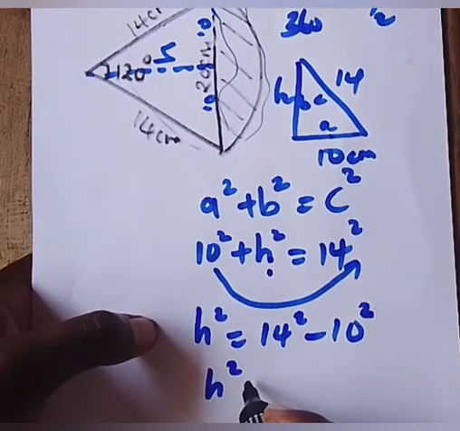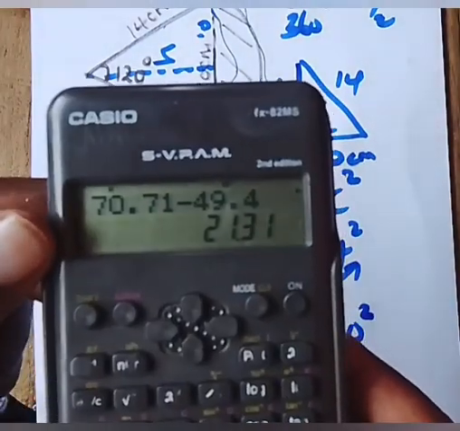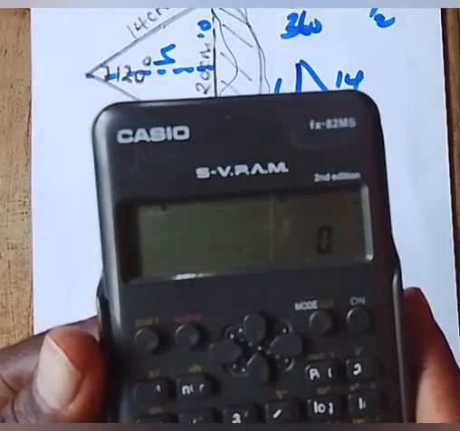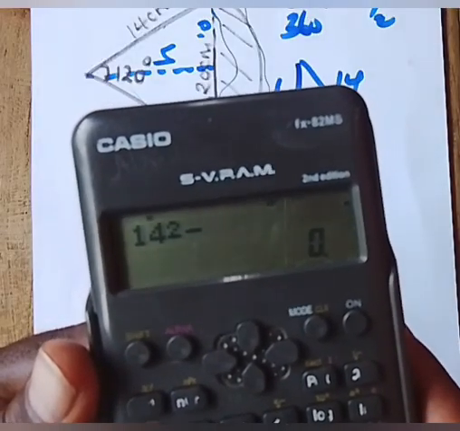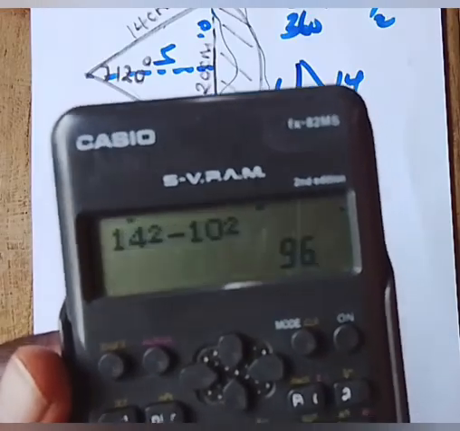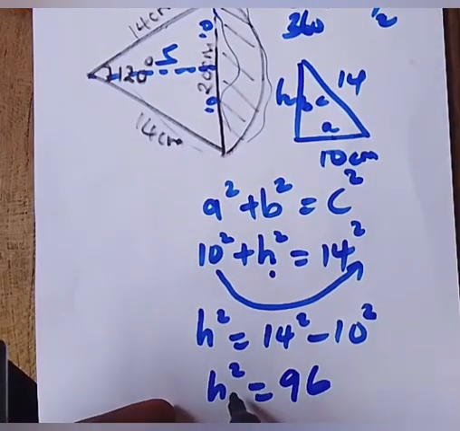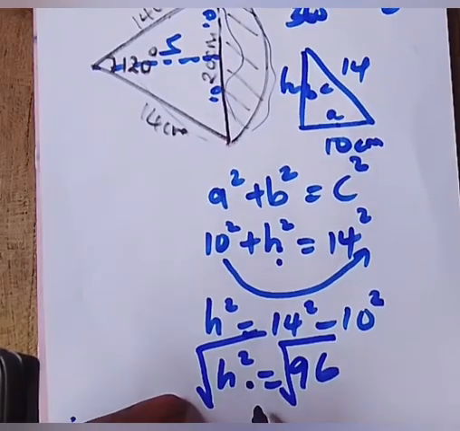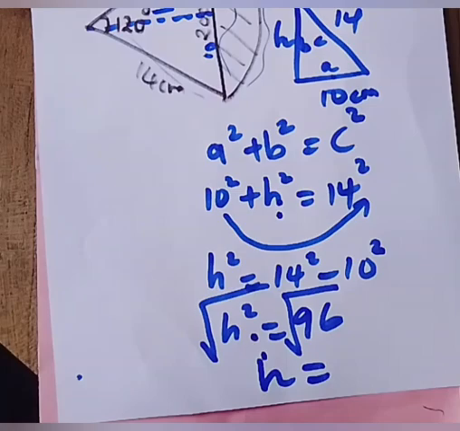So our h square will be equal to what? Feel free to use a calculator. You just key in 14 square minus 10 square and click the answer. You get 96. We want to remain with h here, so you take the square root of both sides, and you will realize that our h is equals to what?